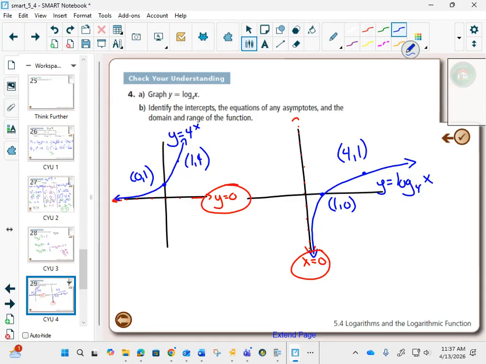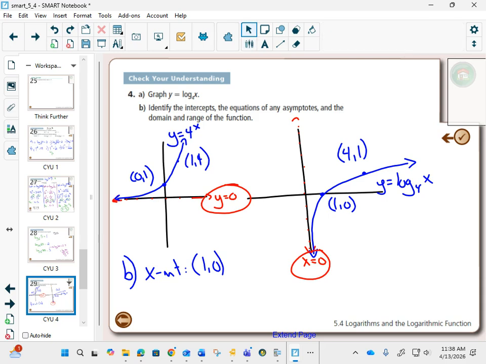So now to answer these questions. Identify the intercepts. We just have an x-intercept at (1, 0). Do we have any asymptotes? We have the asymptote at x equals 0.